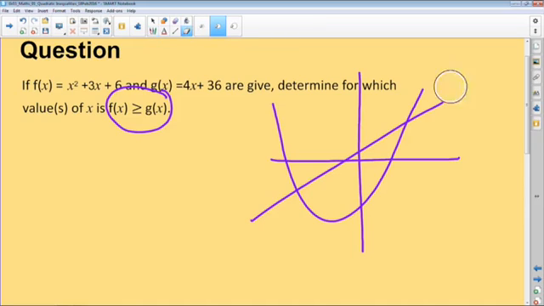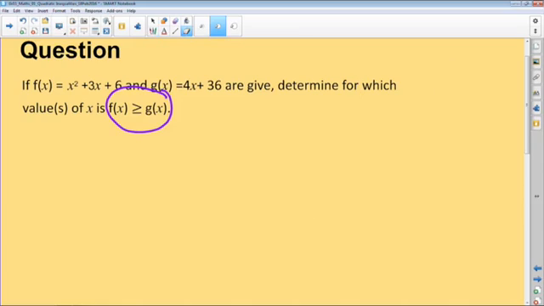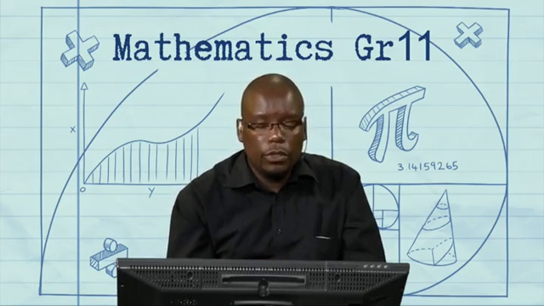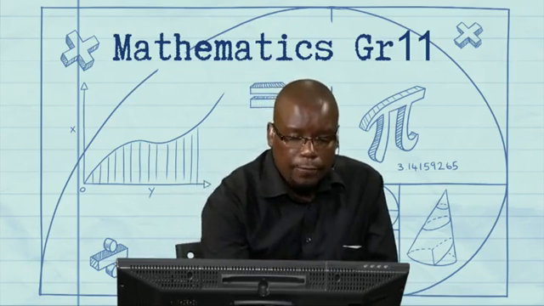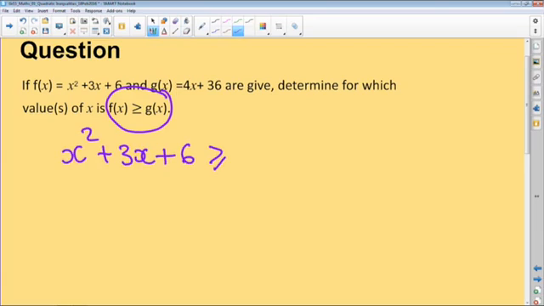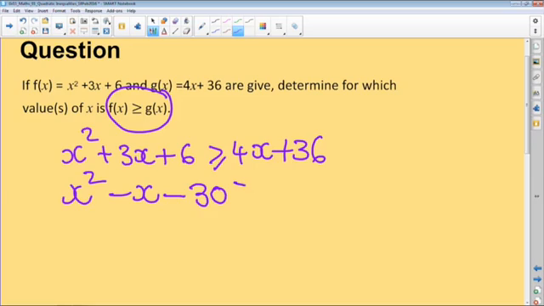Now, if you are struggling with using the parabola and the straight line, you can do it algebraically, and then from there you write off your solution. Now, for instance, you've got your x squared plus 3x plus 6 is greater or equal to 4x plus 36, right? Then you work it out. This will be your x squared minus x minus 30 is greater or equal to 0.